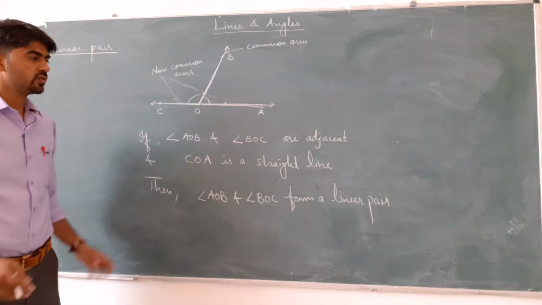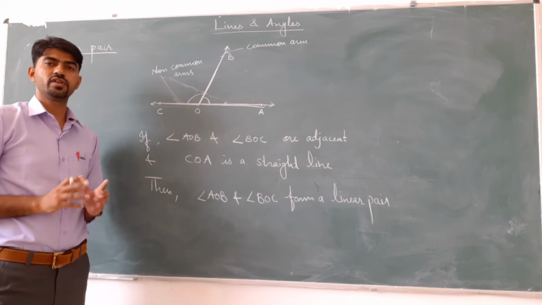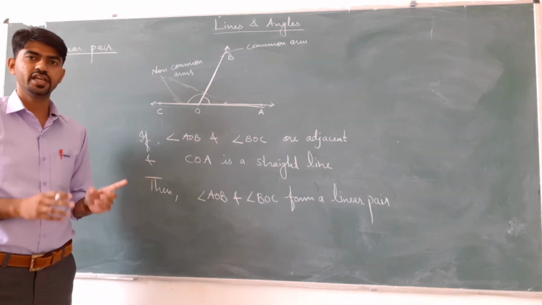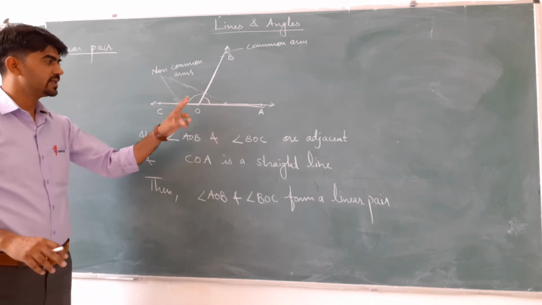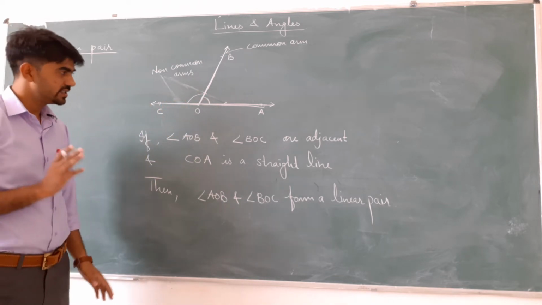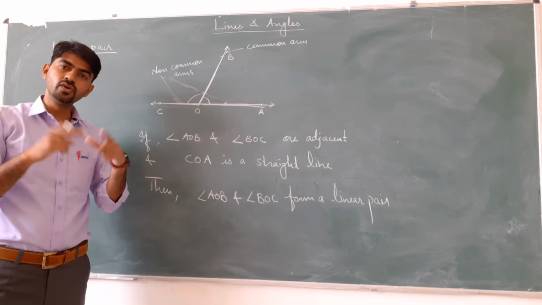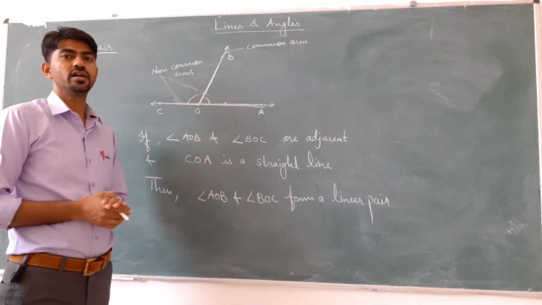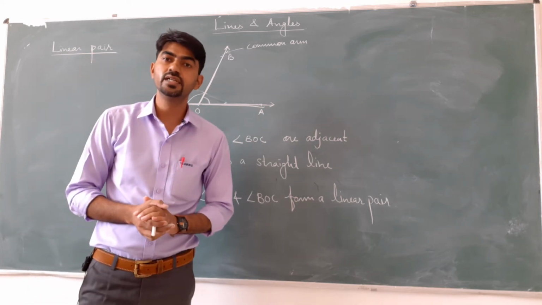So these are two conditions for any linear pair. A linear pair is that pair in which both the angles are adjacent and their non-common arms are making a straight line. Then the angles are called a linear pair.